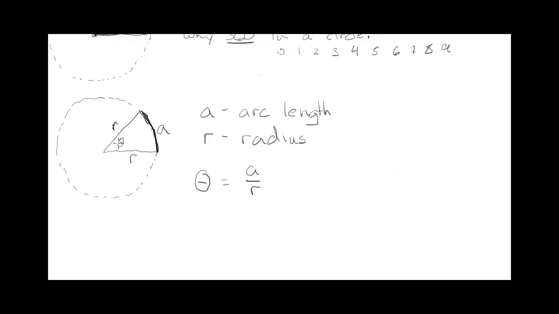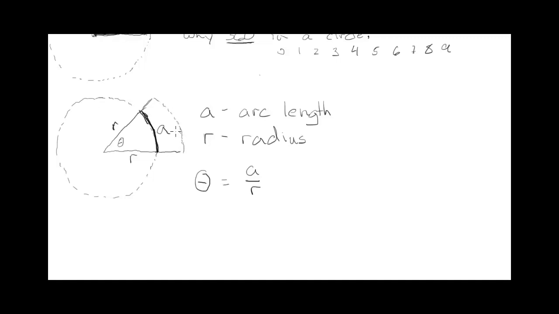And for any given value of theta, this ratio is always going to be true. Sometimes people say, well, what if the circle was bigger or smaller? So imagine you had a bigger circle. If you extended the circle, then the radius is obviously going to change. The radius would become longer, but notice so would the arc length.